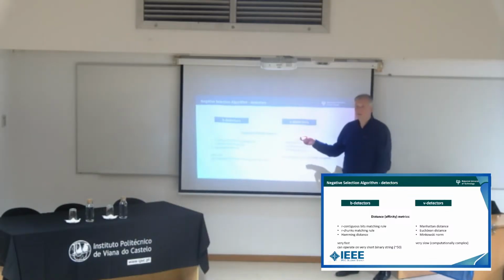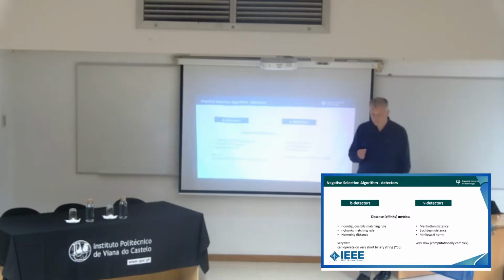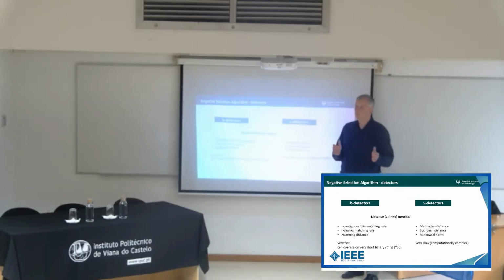In both binary and real-valued detectors, we need to define an affinity matrix. This affinity matrix or distance matrix will be used for checking how far the pathogen is from the detector. If the distance is low, then we can assume that this detector detects the pathogen.